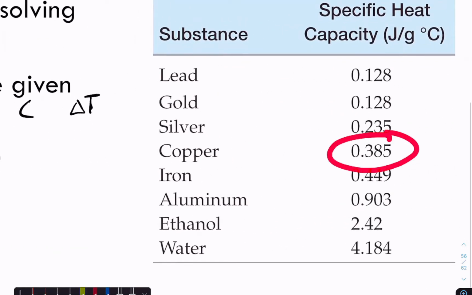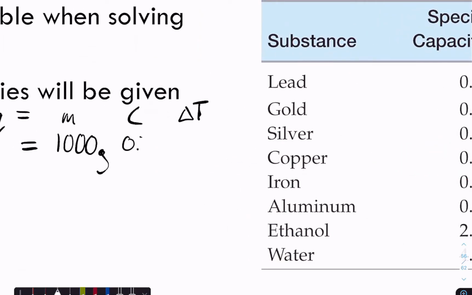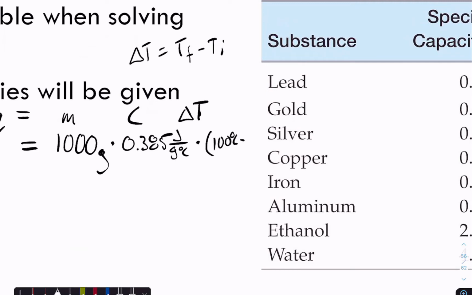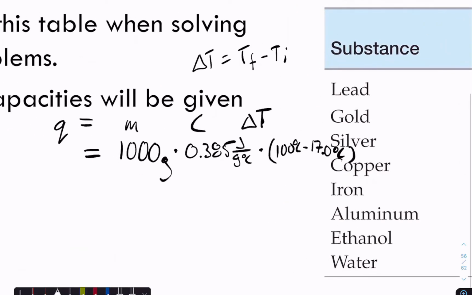That's 0.385, in units of joules per gram degree C, multiplied by the mass, and then multiplied by delta T. Delta T is our T final minus T initial, so whatever our ending temperature is minus the starting temperature. We're going to go up to 100 degrees C, and start at 17.0 degrees C.